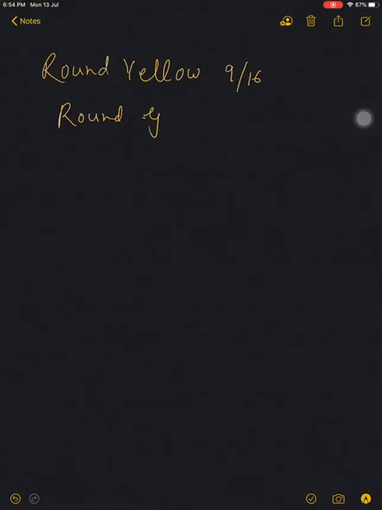So now what are you noticing here? The ratio of the round yellow seed is 9 by 16. Round green is 3 by 16.